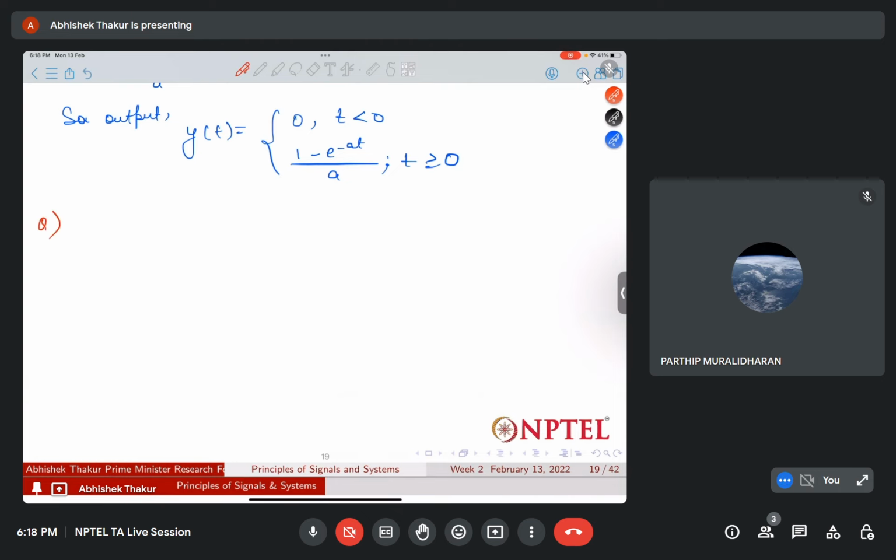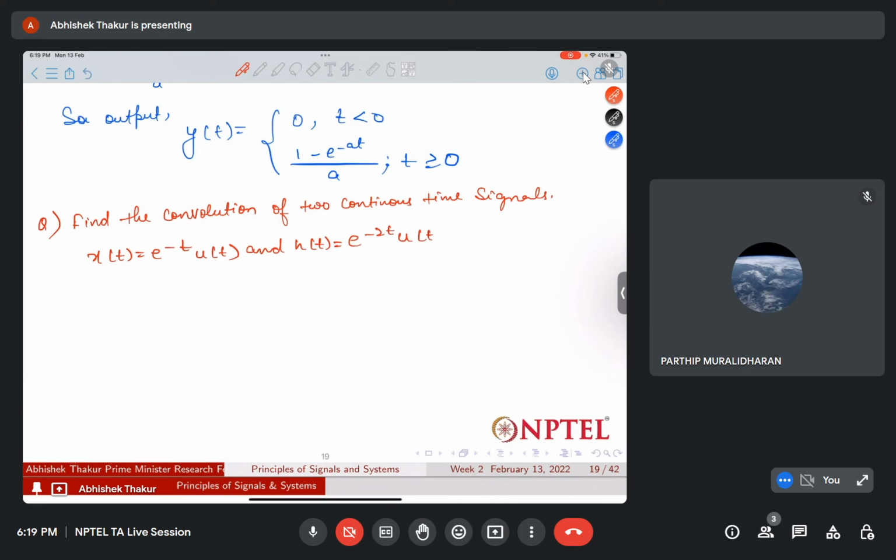So the next question is, find the convolution of two continuous time signals that are given as x(t) is equal to e to the power minus t into u(t), and h(t) is equal to e to the power minus 2t into u(t).